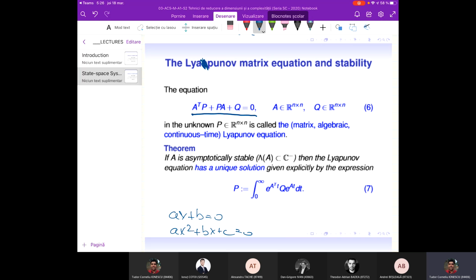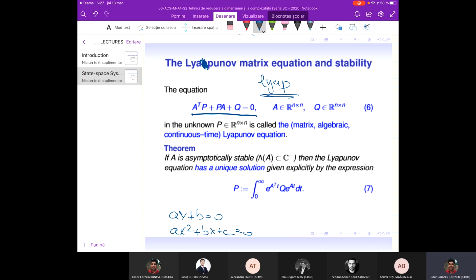MATLAB knows about Lyapunov equations, and the command is lyap. This is the command to solve Lyapunov equations in MATLAB. So this is a matrix algebraic linear equation in the unknown P.